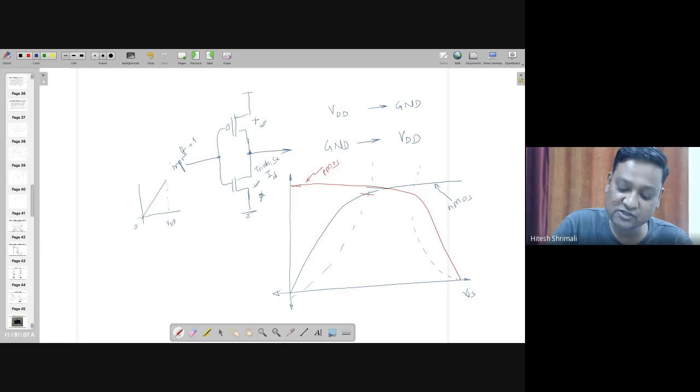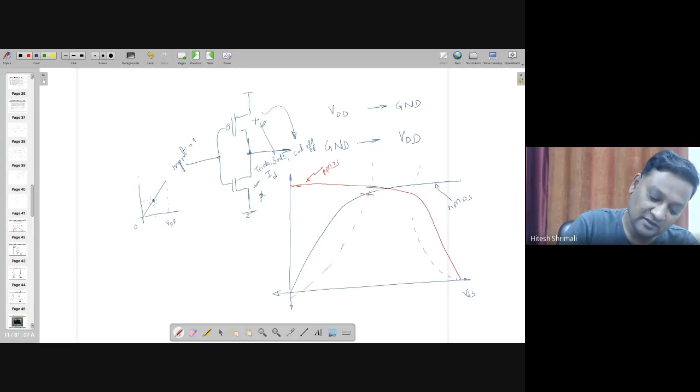Sometimes you will find that it's also in saturation region when you are at or near the midpoint, and after that it becomes cutoff. So it experiences all the operations, and same for PMOS also. But there is only one point where both will be in saturation, which is near VDD by 2. So near this point, both the transistors will be in saturation.